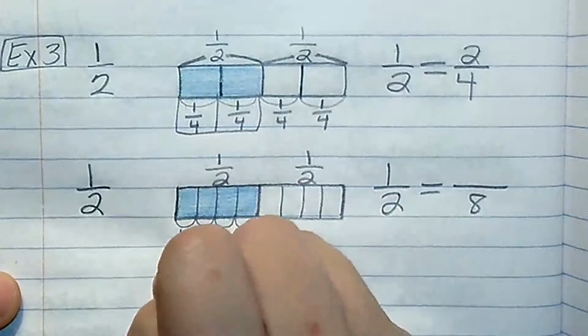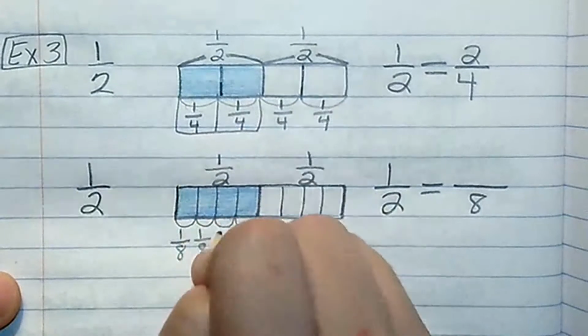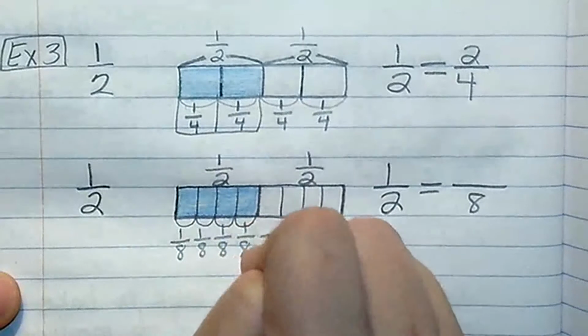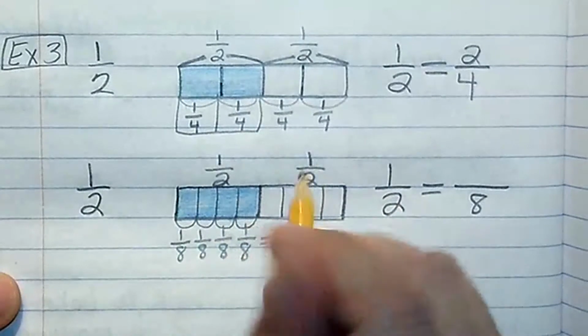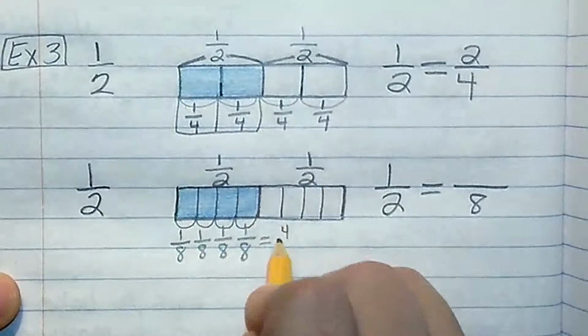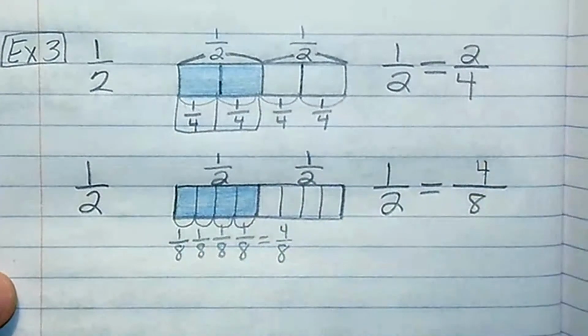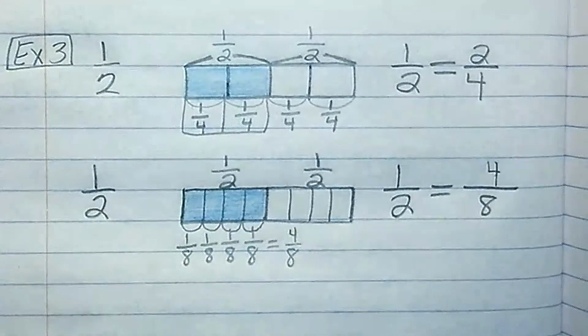So this is 1/8, 1/8, 1/8, 1/8. And if I add all those up together, how many do I get? 4/8. This is how we decompose fractions into smaller unit pieces.